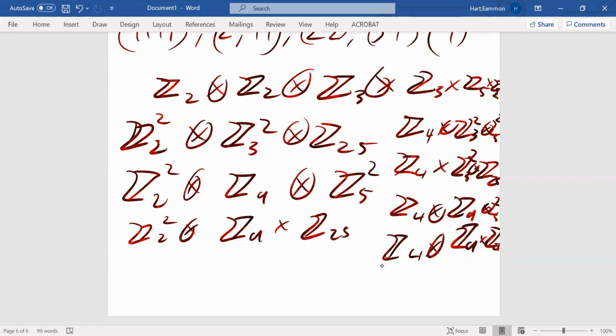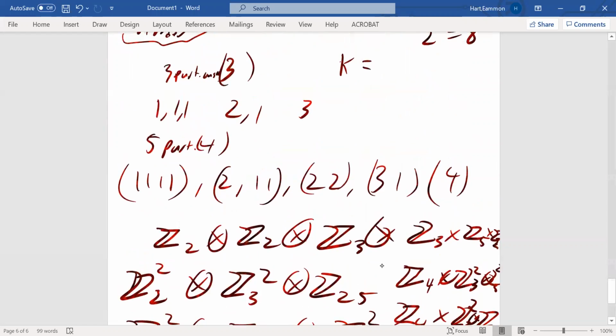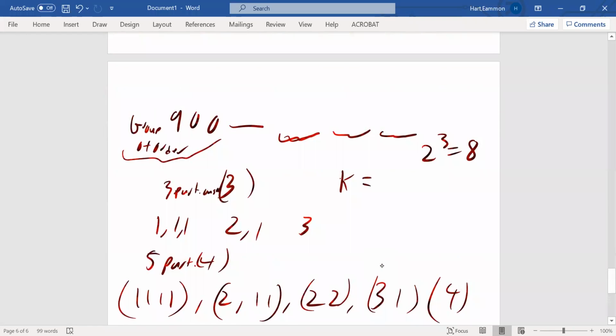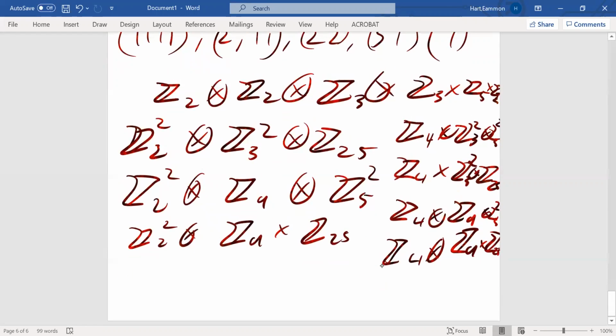There you go. So that is all 8: all abelian groups of order 900 are isomorphic to one of those.